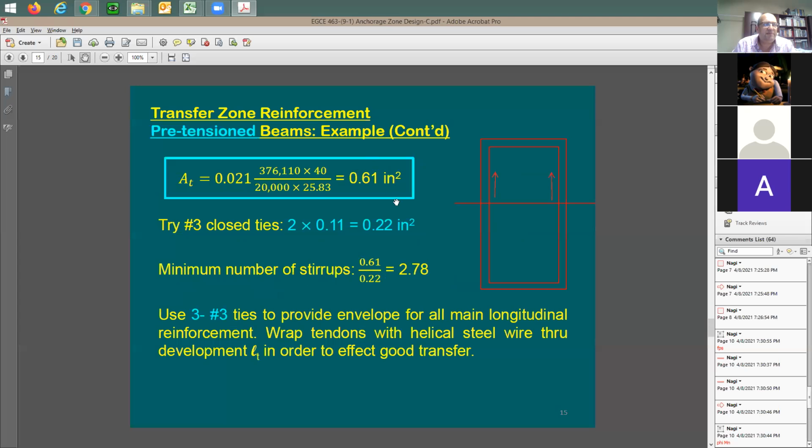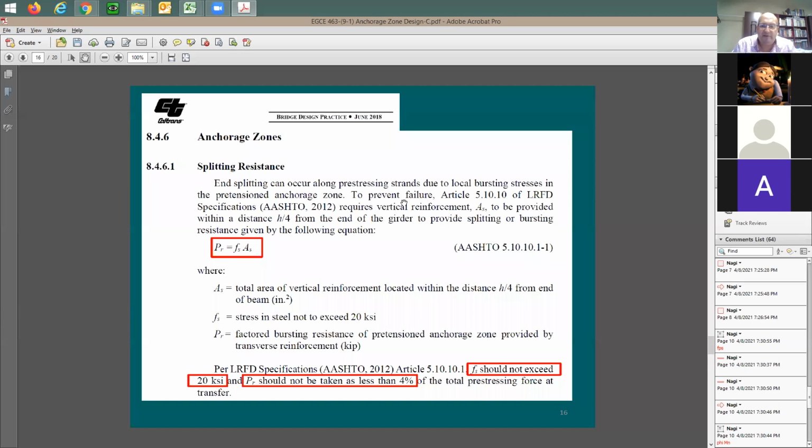You see what you get here based on that? So what happened, Caltrans is providing here kind of a more, I'm going to say, conservative equation. They just say take 4% of this axial force. So whatever axial force that you have, just multiply by 0.04. And with that, you're going to have this force PR.